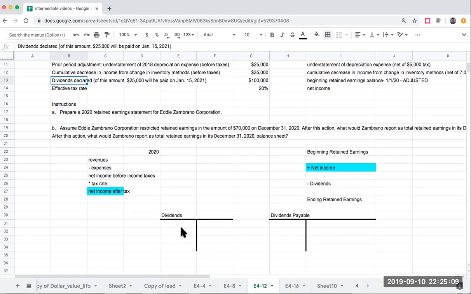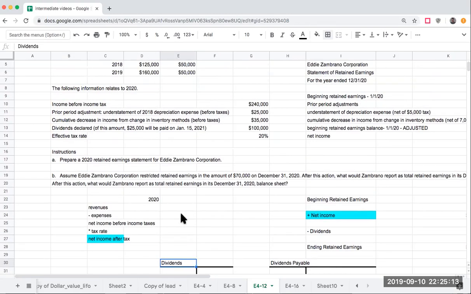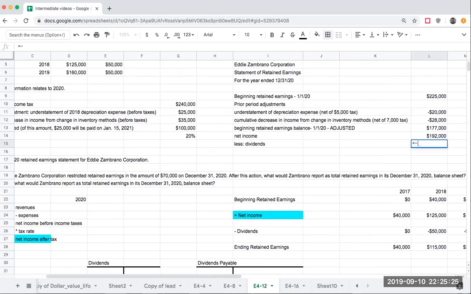What's going to happen here is once I've declared the dividend, it will be reducing my retained earnings. So right over here, this is going to be less dividends, less $100,000, and I do not need to worry about the tax implications for the dividends.